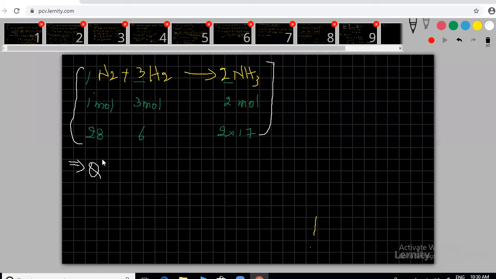Calculate the amount of magnesium oxide formed at given conditions. Clear? 5 moles of oxygen reacted with magnesium and forms magnesium oxide. Calculate the weight of magnesium oxide under given conditions.